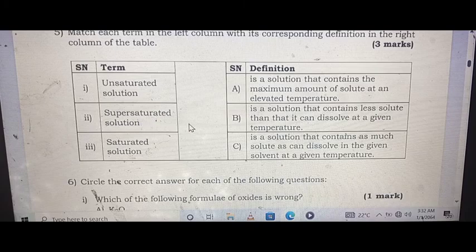Match to A, a solution that contains the maximum amount of solute at an elevated temperature. 3, saturated solution. Match to C, a solution that contains as much solute as can dissolve in a given solvent at a given temperature.